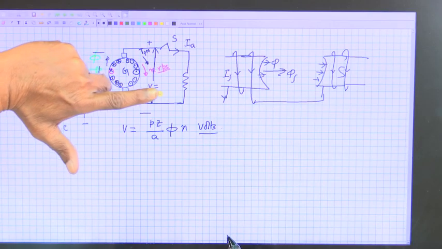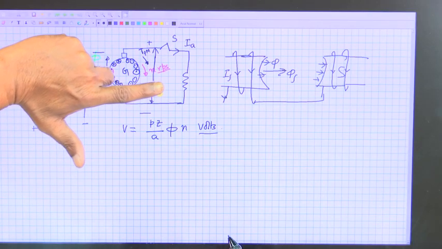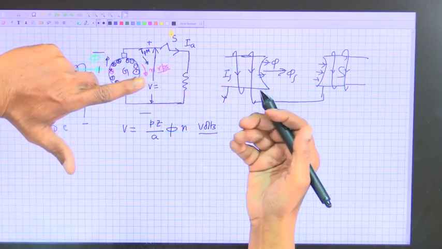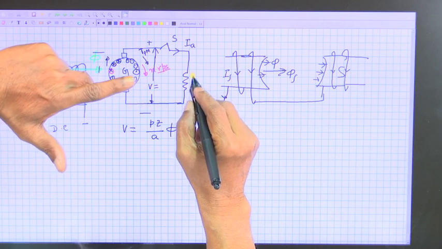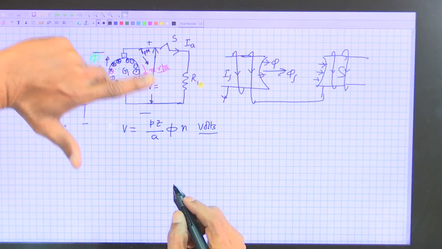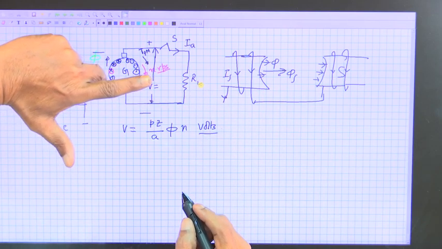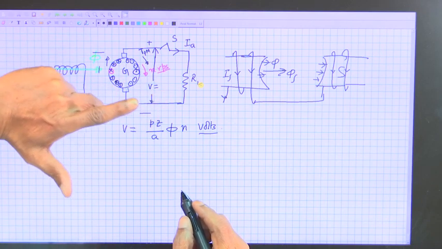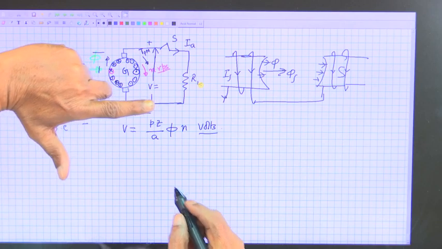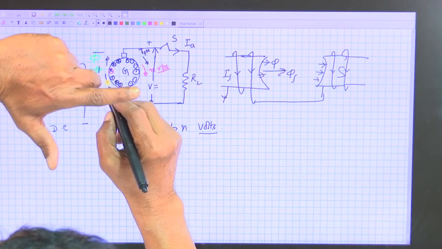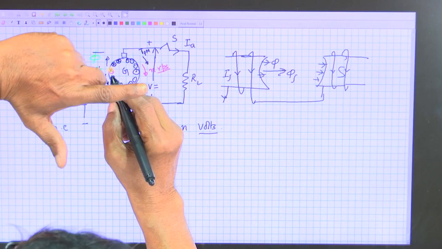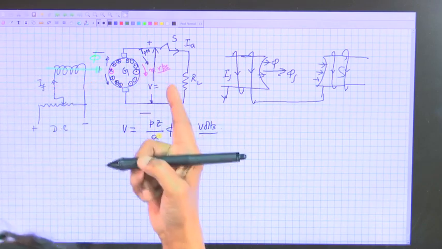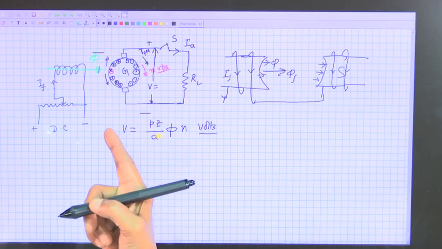Now, the moment you try to extract power from the armature of the DC machine, this is R L, load resistance, current will appear, and then the conductors will be carrying current in the same direction as the induced voltage, and apply left hand rule to see that these sides will experience a force in this direction, in the opposite direction of the prime mover torque.